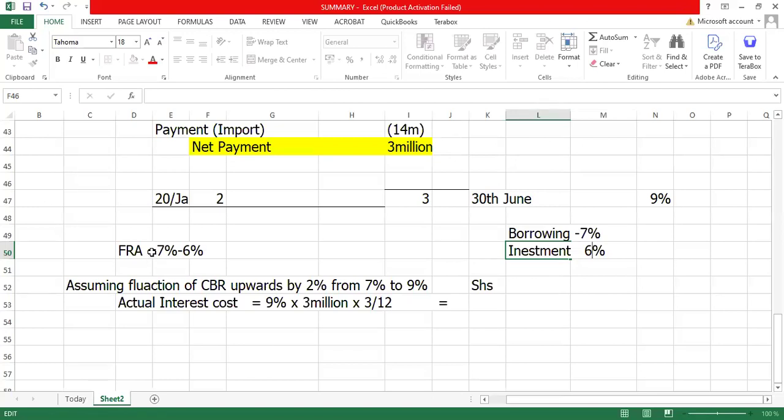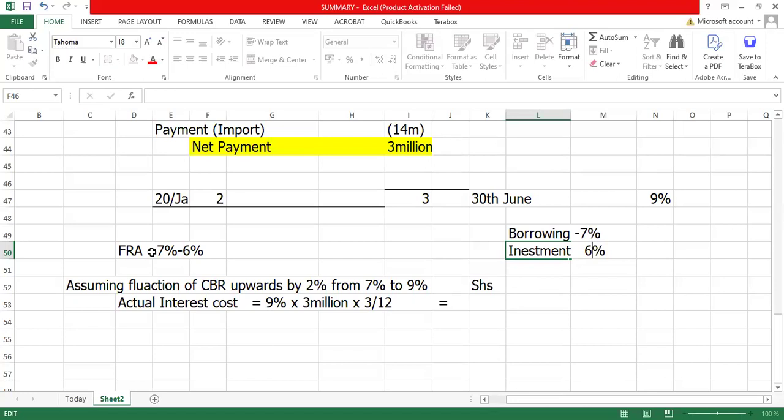If you're dealing with borrowing, you say that as a borrower, I don't want the rate to go above this, because the higher the rate, the more you pay and your interest cost will increase. So you protect yourself by setting a limit that the rate should not go above this.